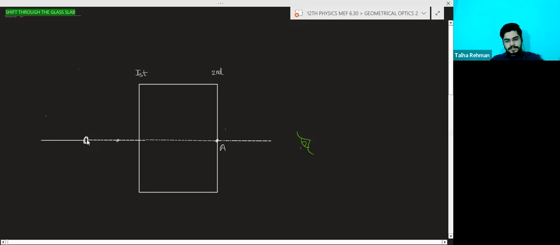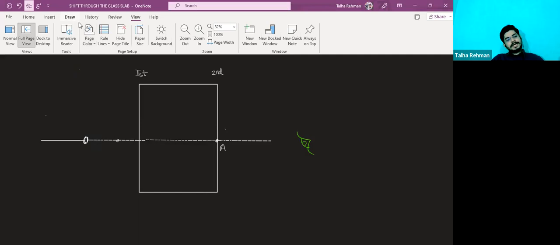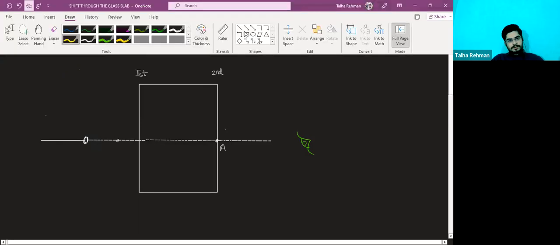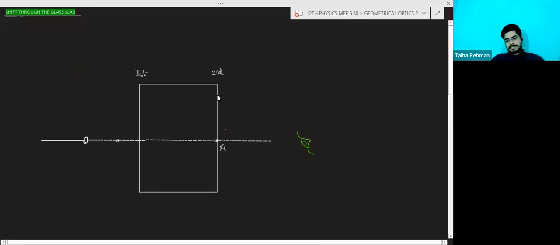We know the object is a source of light, so from this object the light ray will be like this. This is the glass medium, a glass slab. So from this object a light ray goes like this.